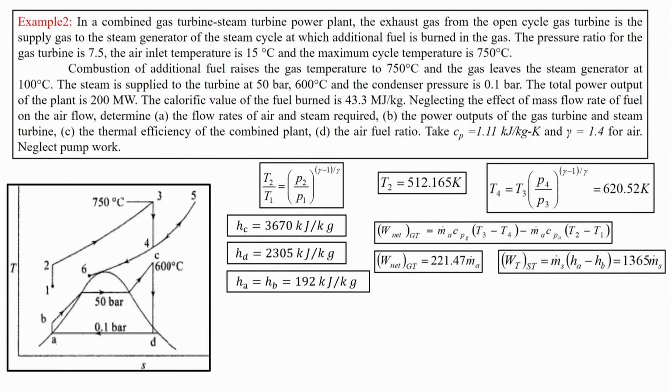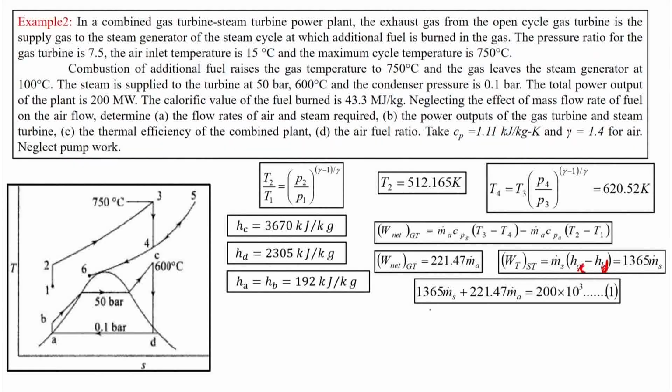So, the work done by the steam turbine is m dot S, mass flow rate of steam, into Hc minus Hd. We know Hc, we know Hd, so we can find it as 1367 into the mass flow rate of steam.